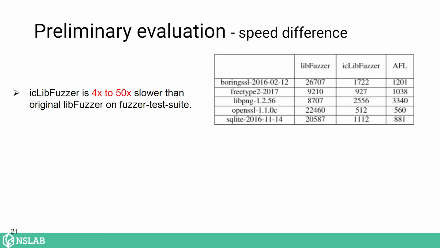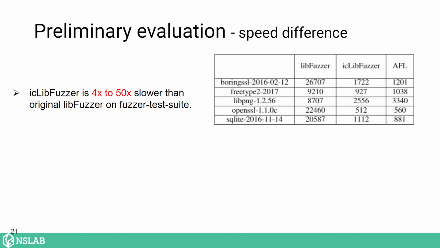Besides code coverage, we also compare the speed difference between original libFuzzer and icLibFuzzer. Due to the comparability issue we mentioned before, we can only run libFuzzer on Fuzzer Test Suite, a fine-tuned dataset dedicated for libFuzzer. As shown in the table, icLibFuzzer is 4 to 50 times slower than original libFuzzer.